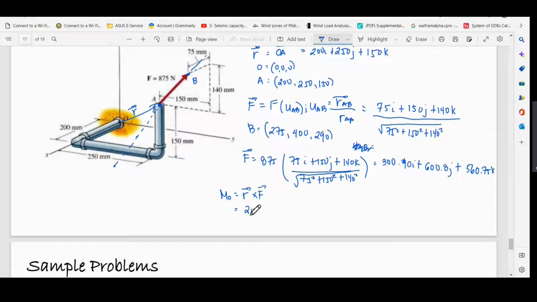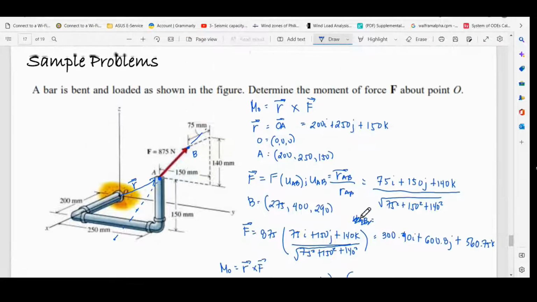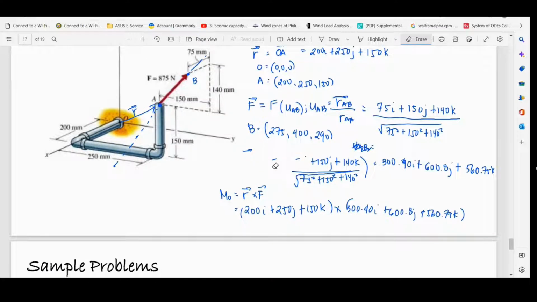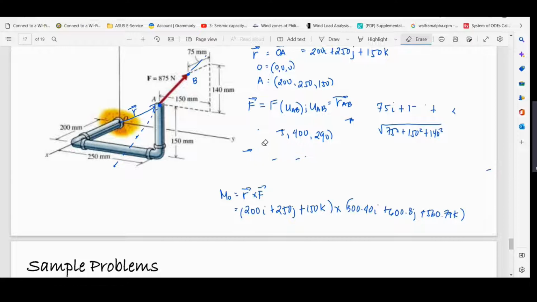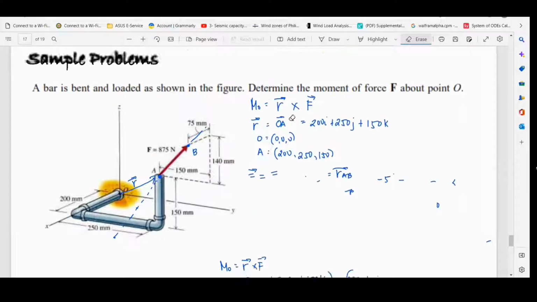So, we have here 200 I plus 250 J plus 150 K cross of 300.4 I plus 600.8 J plus 560.75 K. I-apply natin ngayon dito yung ating matrix by using the basket rule.